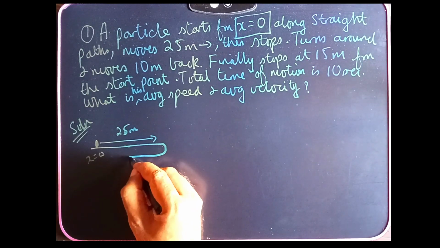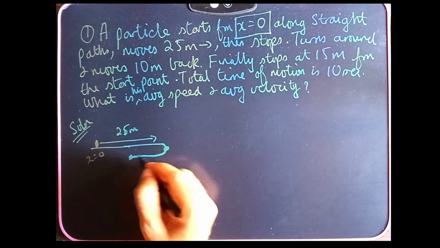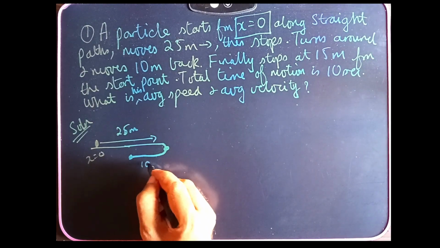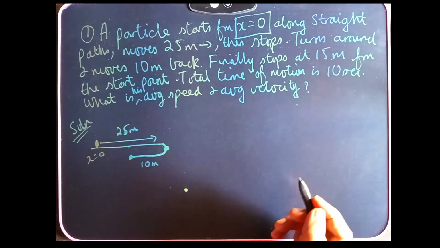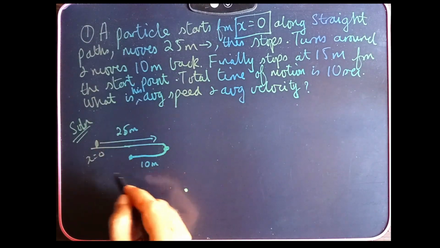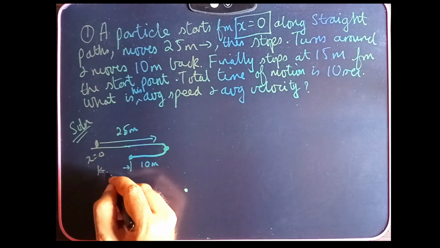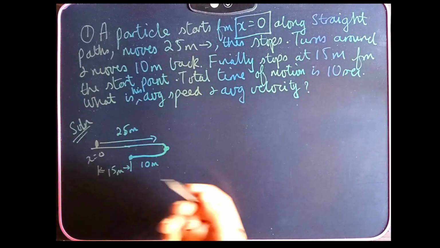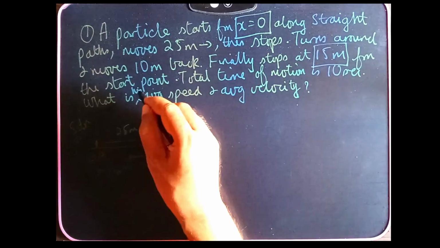Finally it stops at 15 meters from the start point. Obviously 25 minus 10 is actually 15 meters. From here to here is 15 meters. Even without giving that, we would have deduced it.